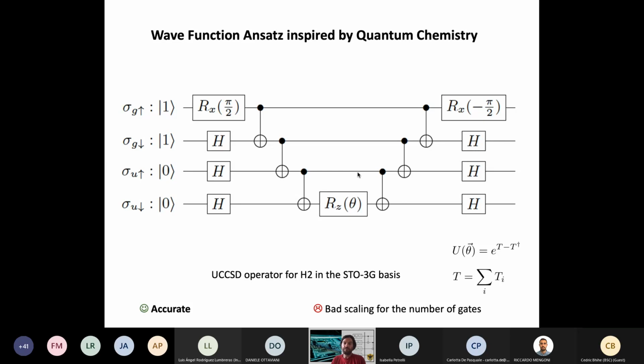And very long circuits, as you know, are not the best you might hope for on NISQ devices. On the other hand, you have complete control of the circuit and you know the accuracy, because it's something that you have already used, for instance, for classical quantum chemistry. But really, this kind of circuit cannot be used in practice with current devices.